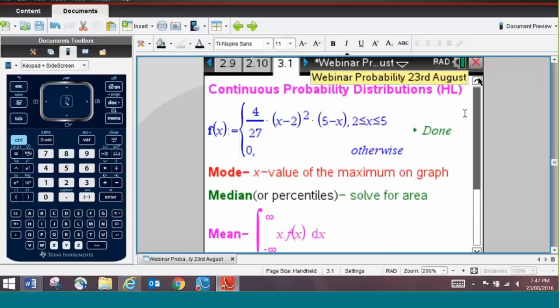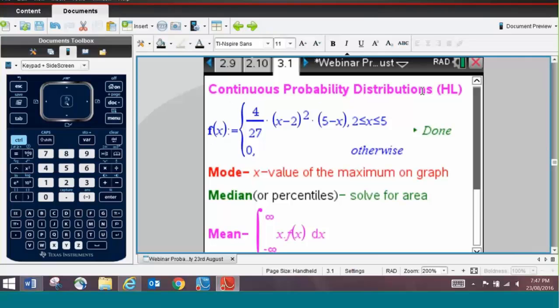Okay, so in the high-level course, the other thing that is required is the continuous probability distributions, and these are often given in this way. As part of the high-level option, there is the cumulative density functions as well, which are also given similarly to this, but usually with the uppercase F to denote that it's an integral.